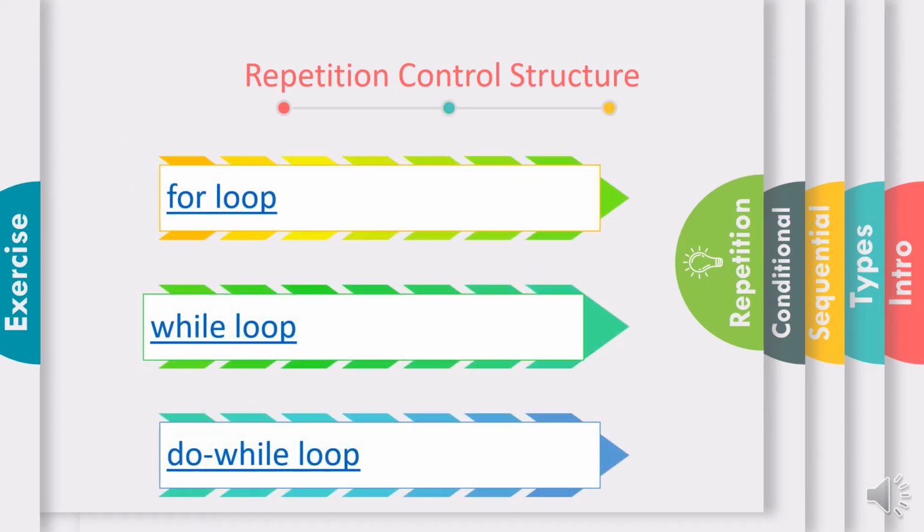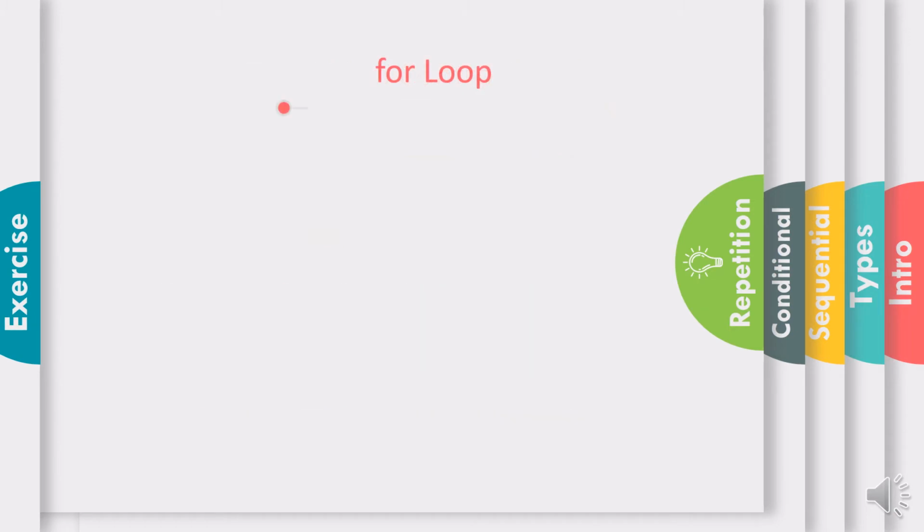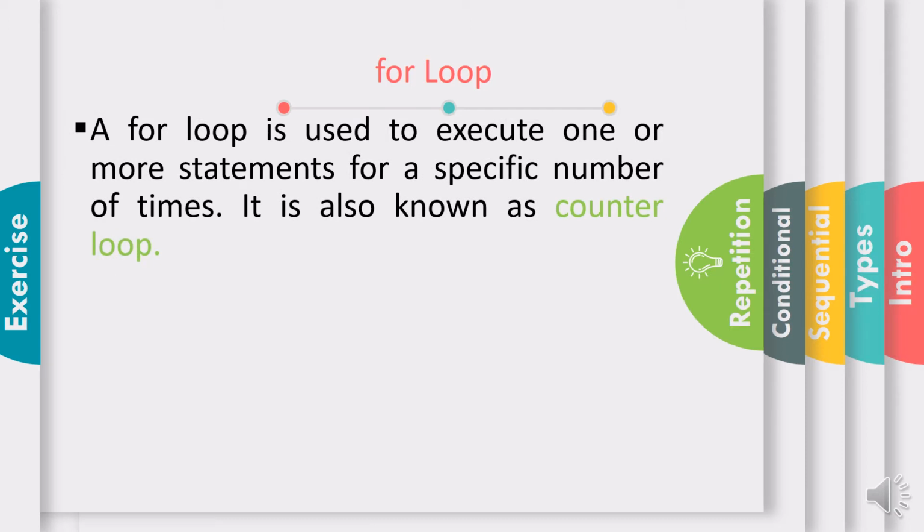There are 3 types of loops that we use in our C++ programming language. These are the for loop, while loop and do while loop. We will discuss them one by one. First of all, let's start with the for loop.